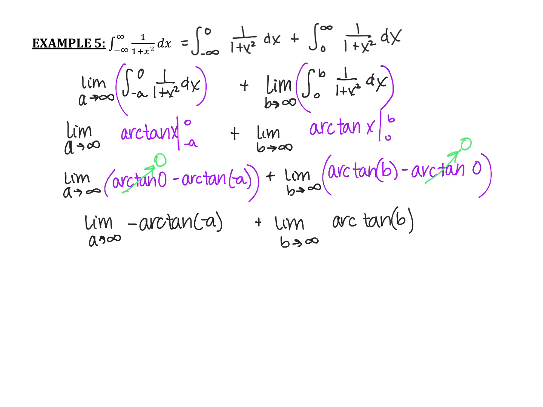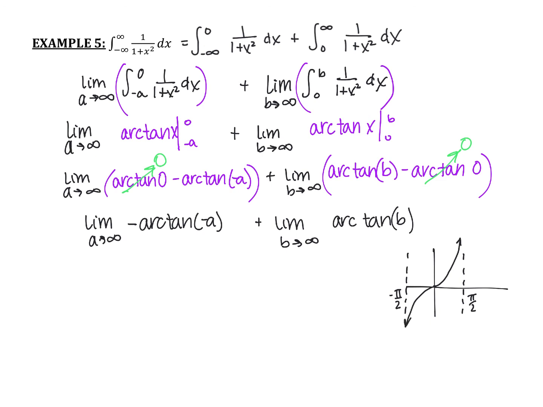Okay, this is going to require a little bit of thought. So if I substitute in infinity, what we're saying is where is it that the tangent approaches infinity? Can you picture your tangent graph? Can you picture the graph of the tangent that goes from negative pi over 2 to positive pi over 2? Right? And this tangent graph looks something like this.